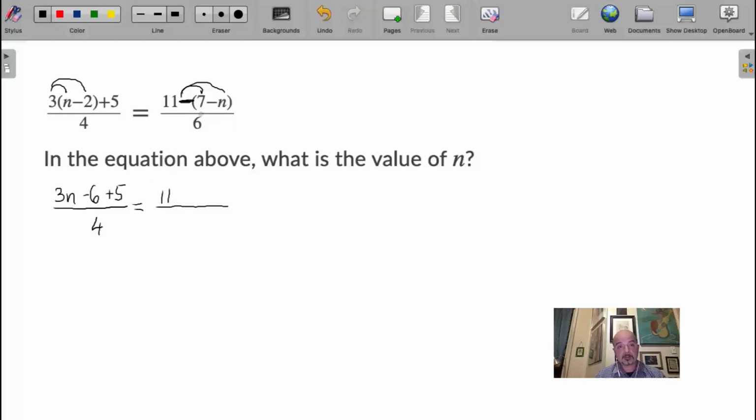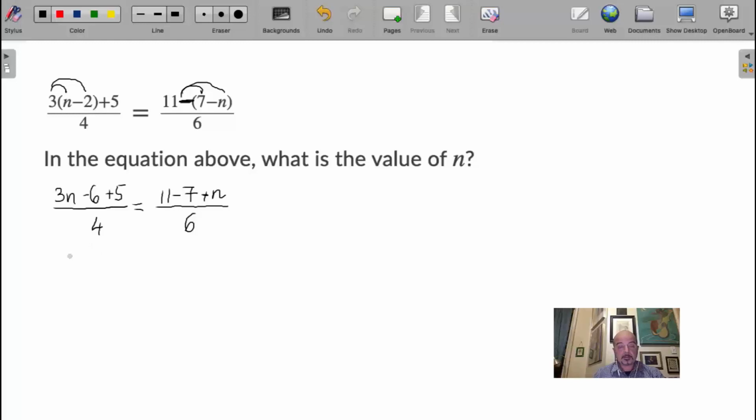Since the 7 in this set of parentheses is positive, it will change to minus 7. And since the n in this set of parentheses is negative, the negative sign in front will change this to positive n. And that's all over 6.